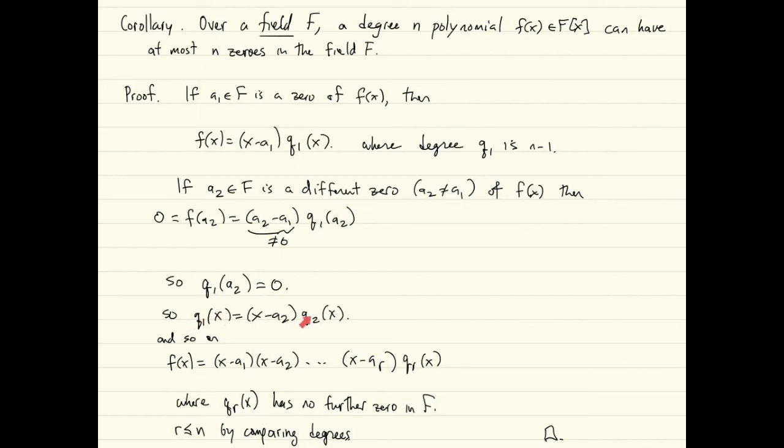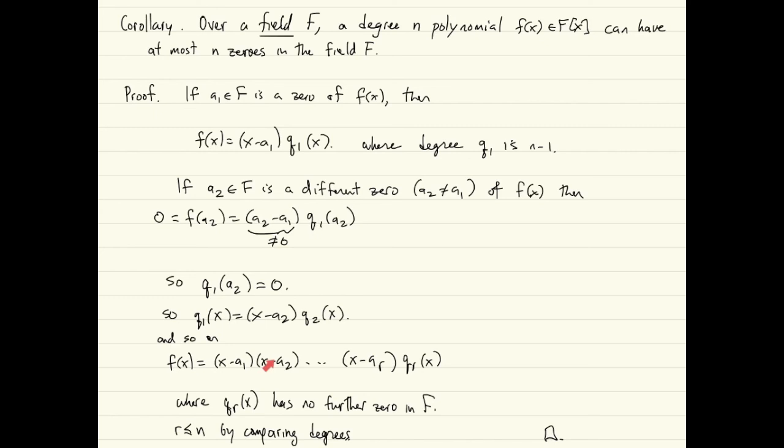So I've taken this equation and substituted in for q1 of x, and after a bunch of times you get this type of factorization, and you can just keep going until you reach a polynomial qr of x that has no further zeros in F. Now you might say, well, how do you know that you can't go on forever? Well, suppose you go on up to a certain point r. By comparing the degree of both sides, you can conclude that r has to be less than n, because the left-hand side is a degree n polynomial.